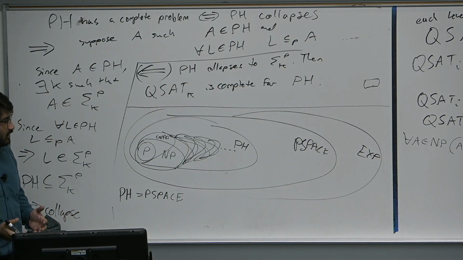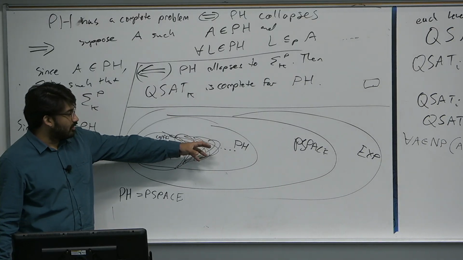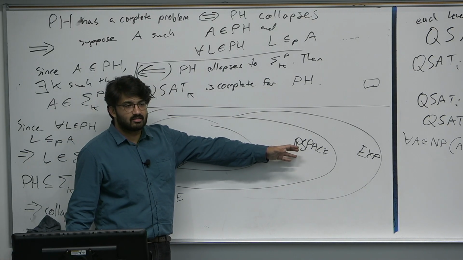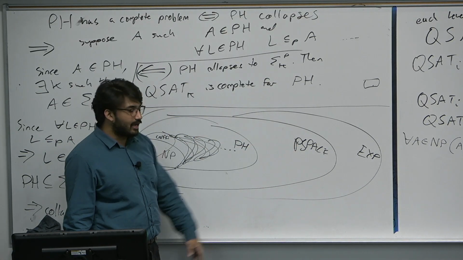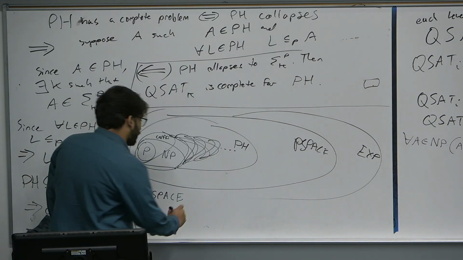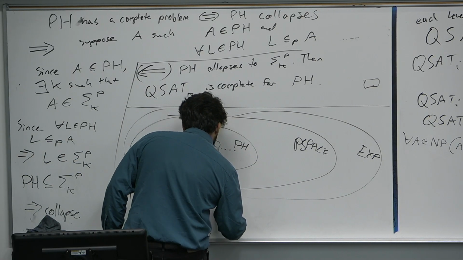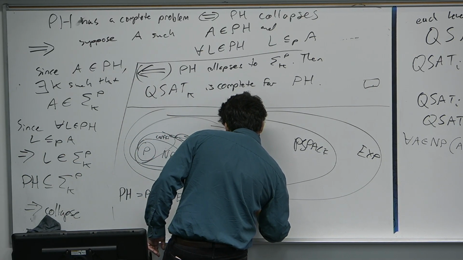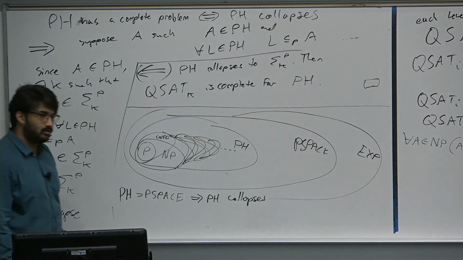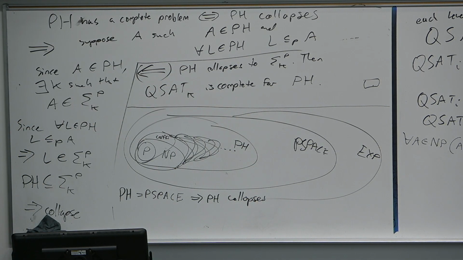Ironically, in kind of like an Icarus myth kind of way, the bigger the hierarchy is, it will falter. I claim if PH equals PSPACE, that implies the polynomial hierarchy collapses. Why is that true? One sentence. Yeah. PSPACE is the top. There's a top level.